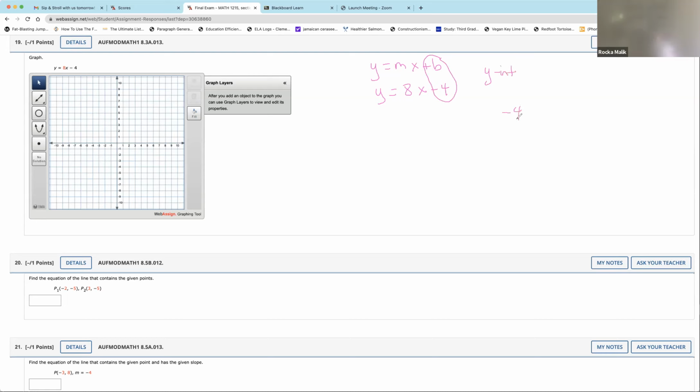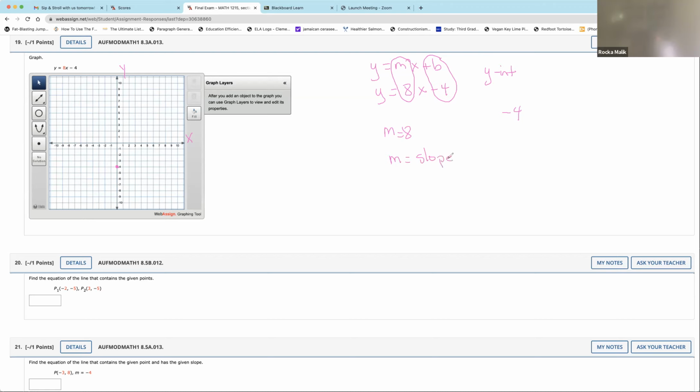So at -4, I'm going to be on the y-axis. And then this is m equals 8, and m is my slope.